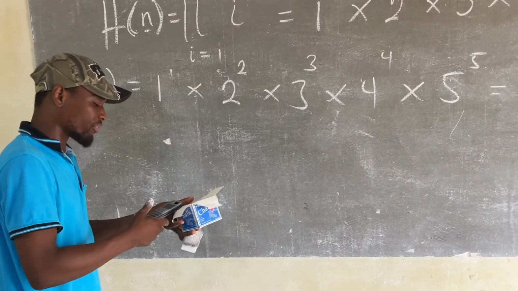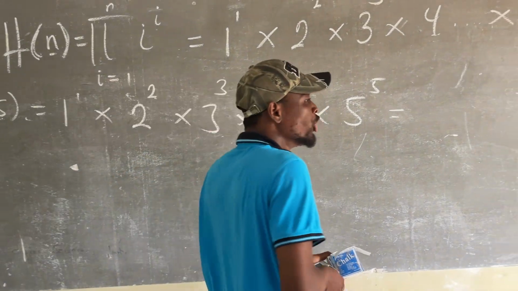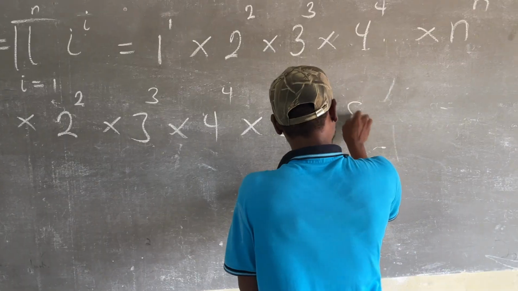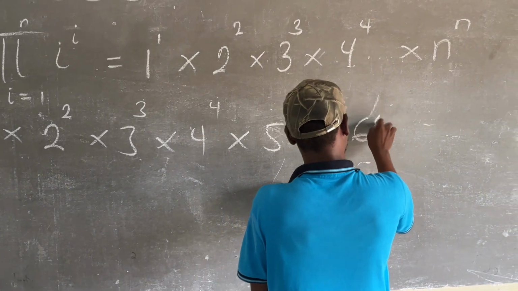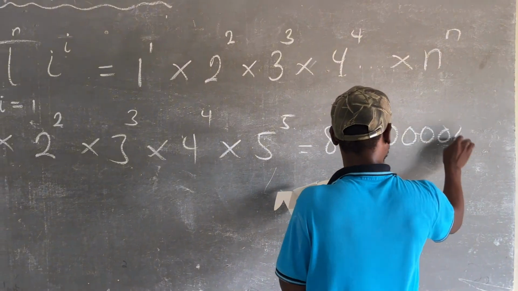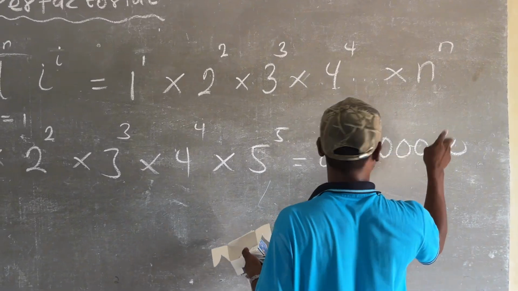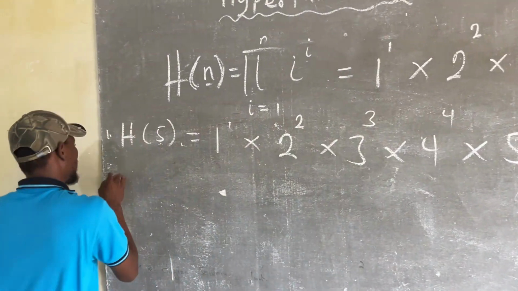This represents my end point or terminating point. As simple as that. So viewers, let us multiply this: 2 raised to the power 2 times 3 raised to the power 3, times 4 raised to the power 4, times 5 raised to the power 5. With the help of the calculator, I'm getting a huge number, which is 86400000. I have 5 zeros.